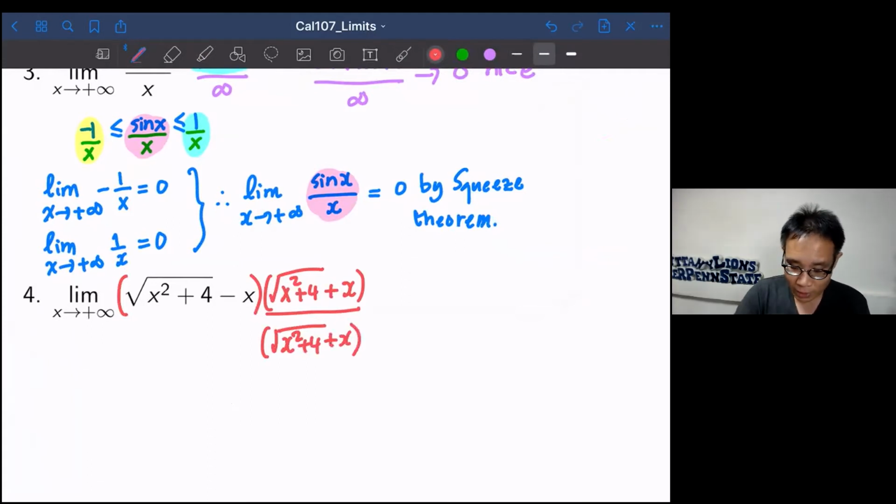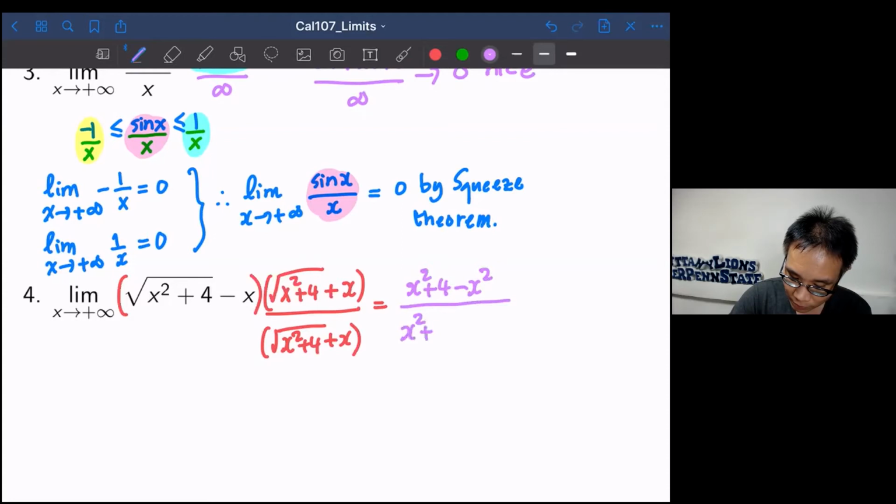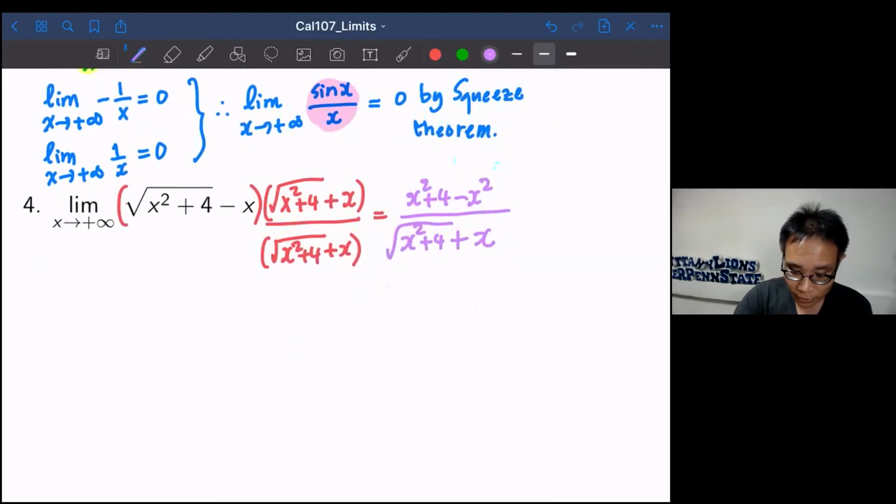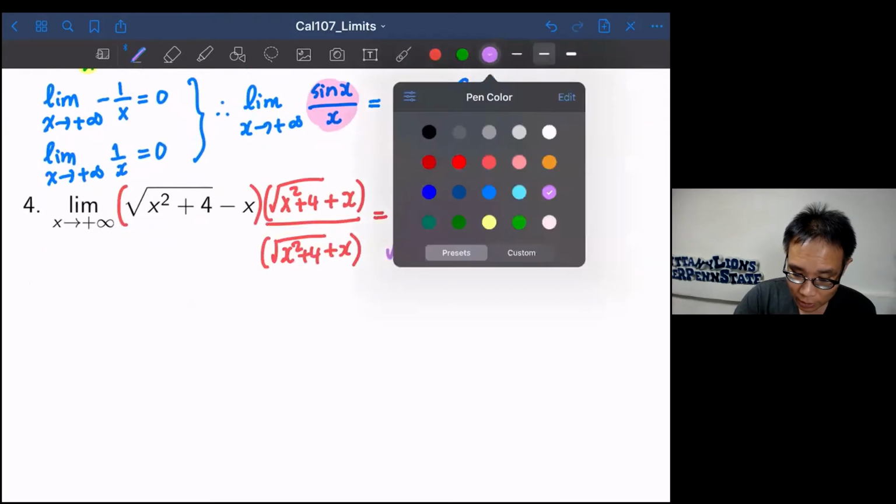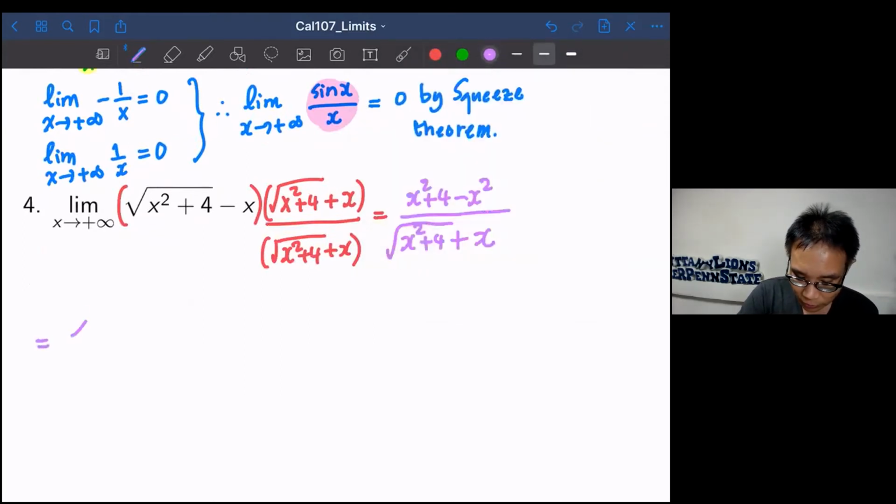When you multiply, you get x squared plus 4 minus x squared on top, and the square root of x squared plus 4, plus x on the bottom. This is very nice because, after you take the limit as x goes to positive infinity, you can get rid of x squared and negative x squared.